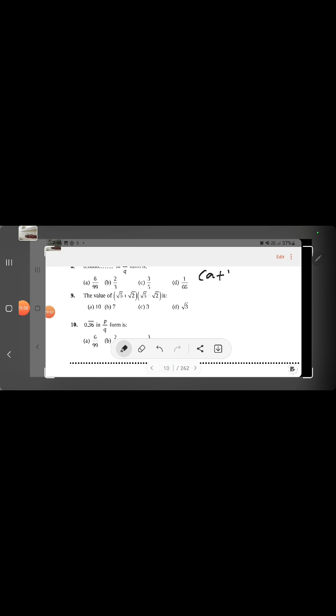We know (a plus b) into (a minus b) is equal to a square minus b square. So writing this expression in this way, root 5 whole square is just 5, and root 2 whole square is 2. What is 5 minus 2? 3. Okay. The answer is 3.